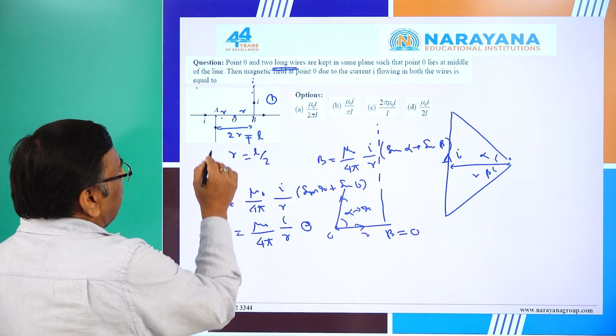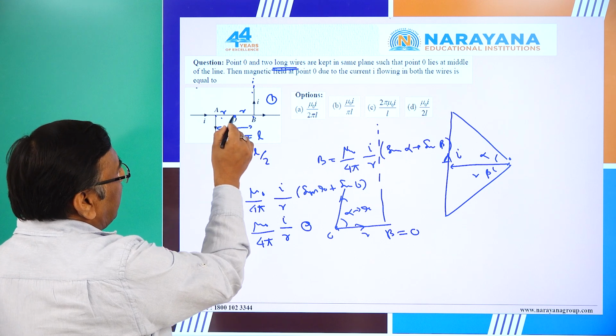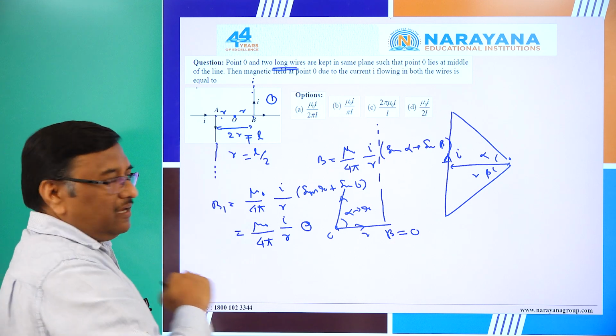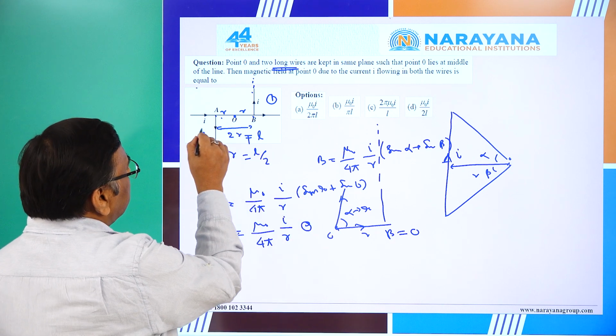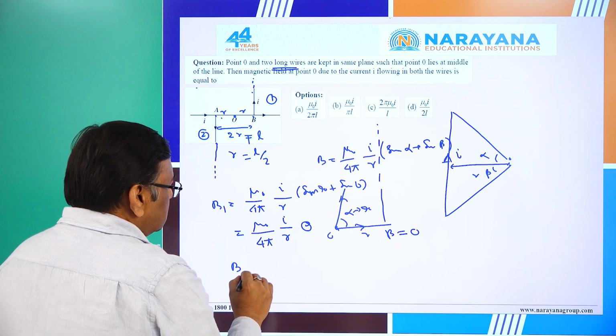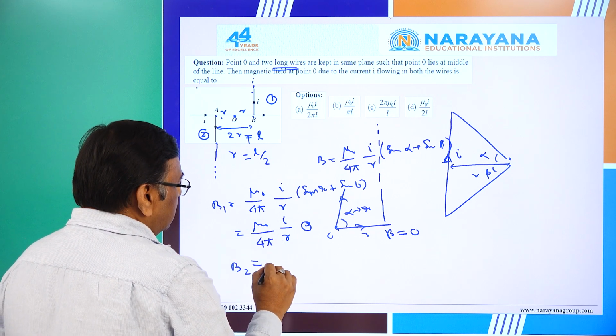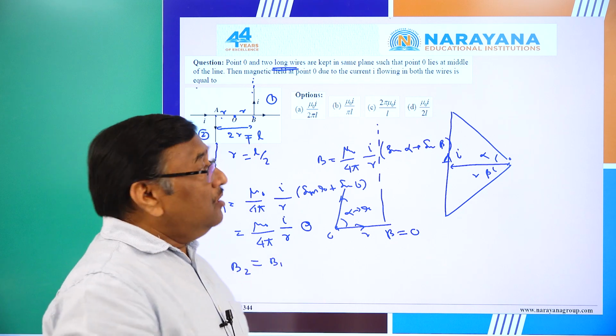Similarly, the second wire is also given to be a long wire. If it is also going towards infinity, one angle is 0 and another angle is 90 degree. The same value you will get here also. If I consider this wire to be wire number 2, then the magnetic field because of wire 2, B2, will also be equal to B1 as far as the numerical value is concerned. See the direction also.